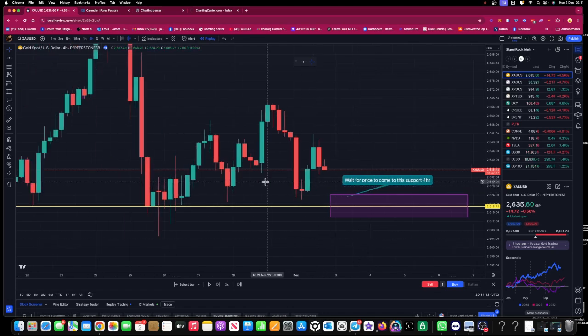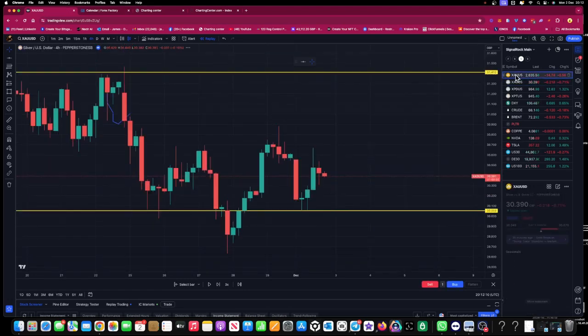I'm looking to buy gold in that area. Now, once we get this area filled, potentially, if we do, we might not. It might continue going straight up. Who knows? But what I would do, potentially, is wait for that area. And then I might move over to silver at the same sort of time.